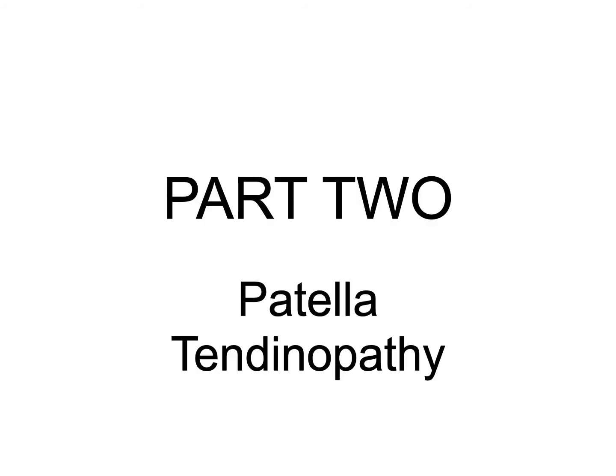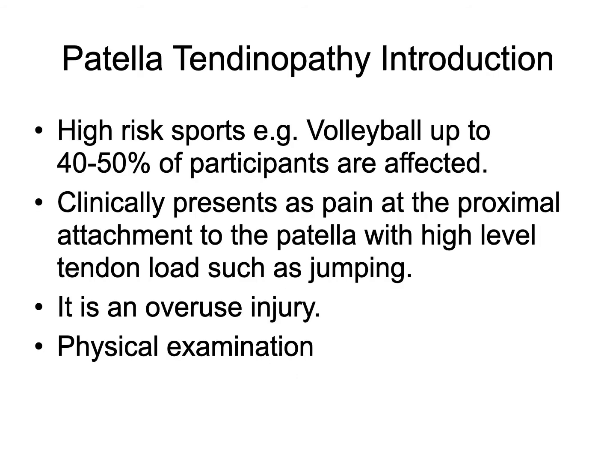So part 2 of this presentation is on patella tendinopathy. Patella tendinopathy is obviously the tendon just below your kneecap, or the patella. The highest prevalence is found in volleyball players, which is about 44%, and then basketball, 36%.